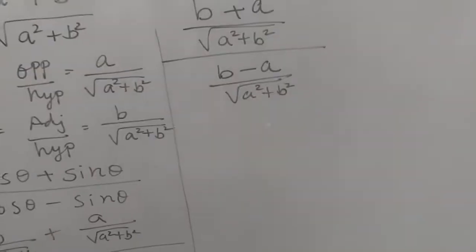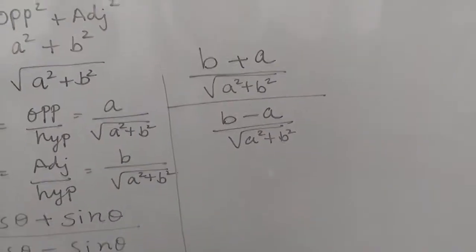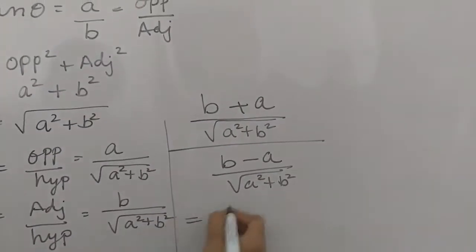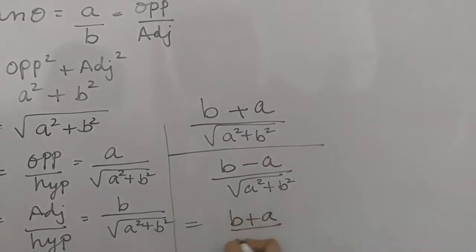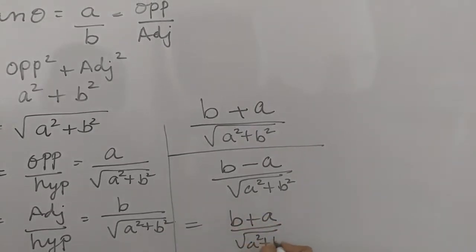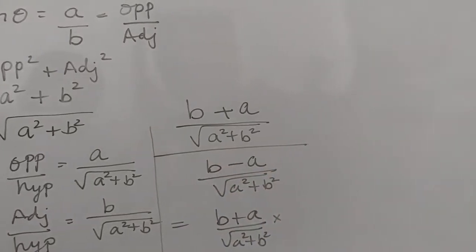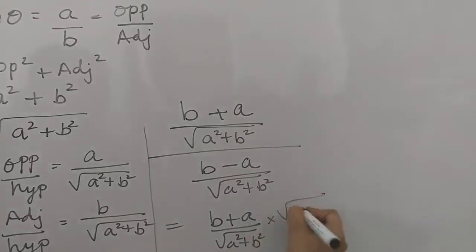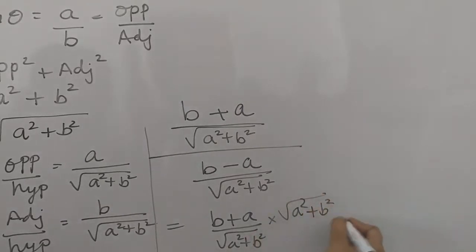Now we will take its reciprocal. Here the numerator will be b plus a upon square root a square plus b square. For this whole denominator we take the reciprocal and write it in a multiplication way. So the square root a square plus b square upon b minus a. So this will get cancelled here.